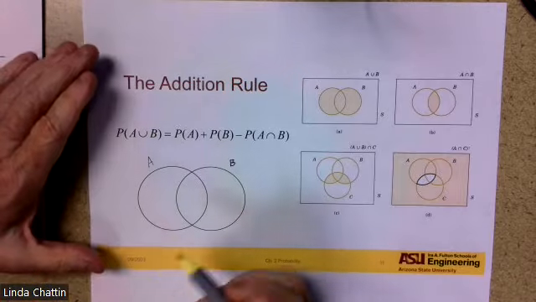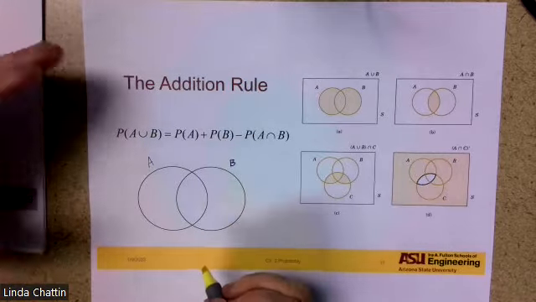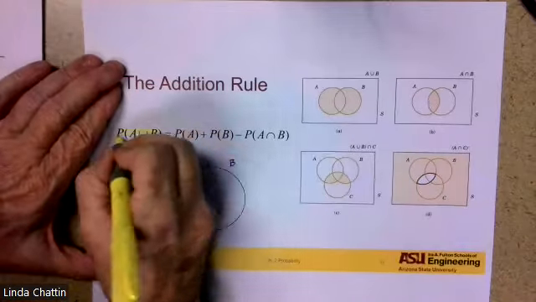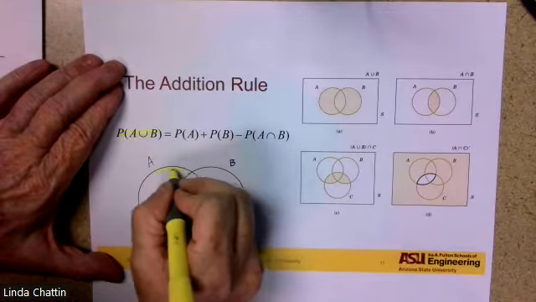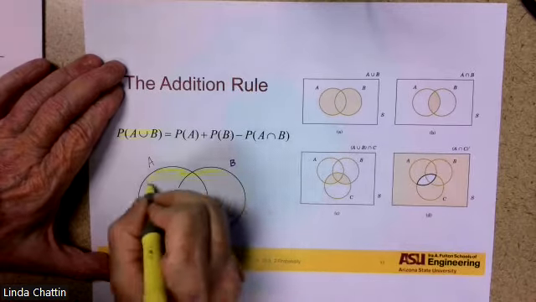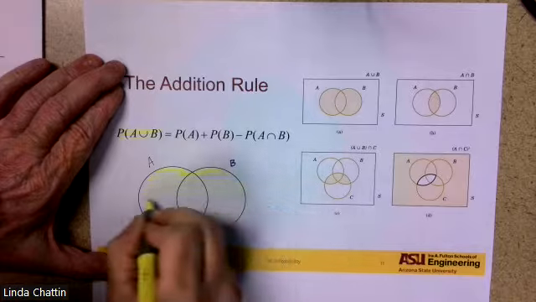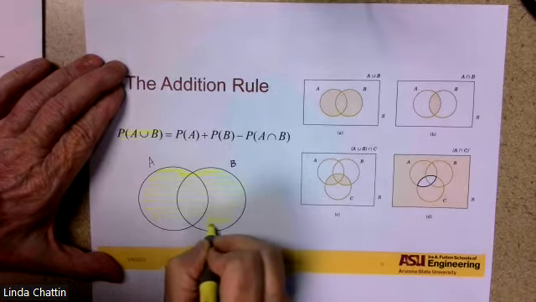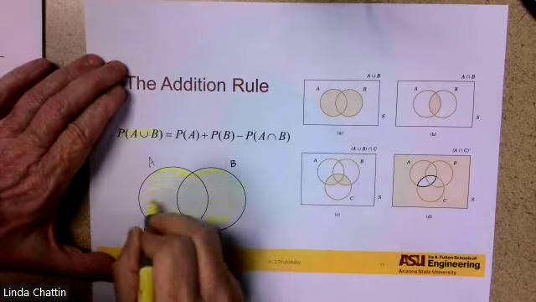A union B means that it's A or B. So for A union B, I'm just going to shade everything in here. It would have been helpful if my pen had a little more ink in it, but it's everything right here. And notice that I'm counting each of these pieces just once.